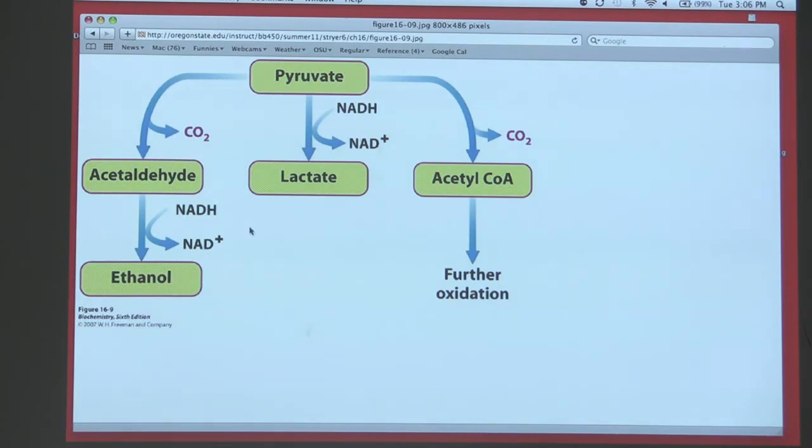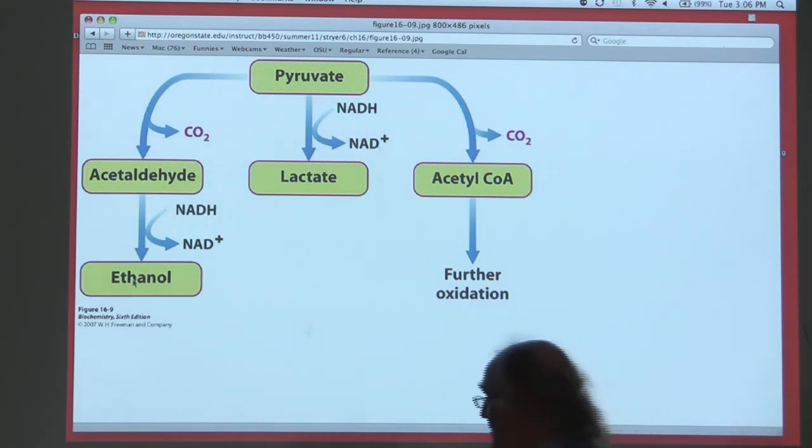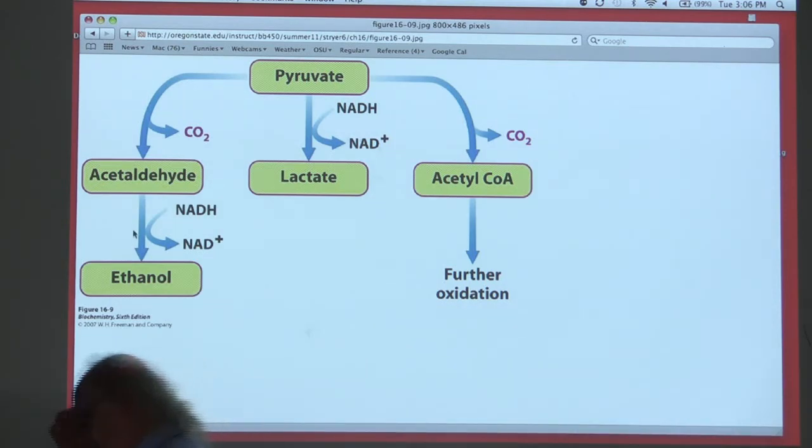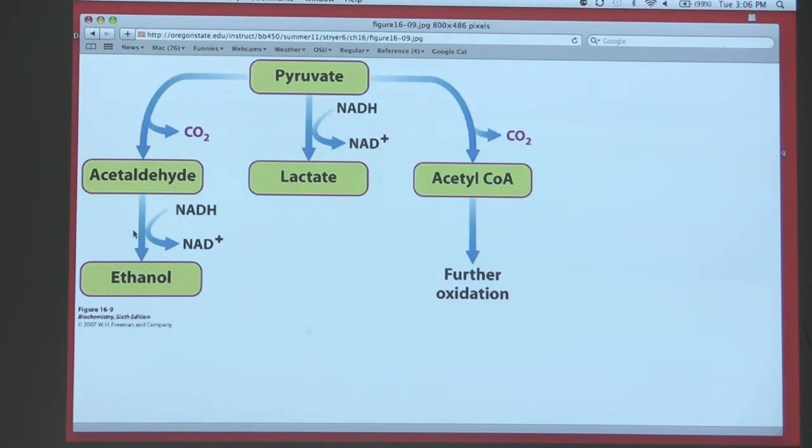Now, one of the things I always point out to students is if we look at the process of going from pyruvate to acetaldehyde to ethanol, this last reaction of going from acetaldehyde to ethanol actually requires an enzyme called alcohol dehydrogenase. And we actually have that enzyme in our body. The reason that we can't make ethanol from pyruvate is we lack the enzyme that makes acetaldehyde.